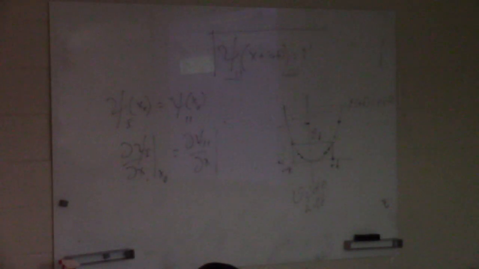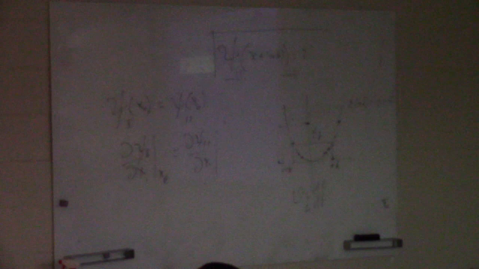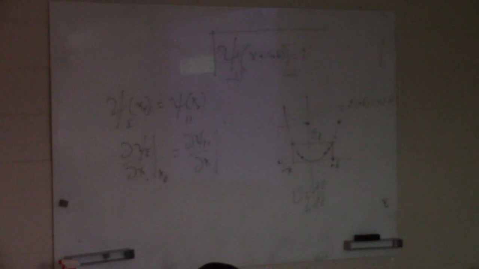Times dk over dt. So this is equal to F times Vg, right? Now you can see Vg cancels, and you get F equals h cross dk over dt. Very important here: force is given by h cross times how the k vector changes with time. So this is called the acceleration theorem.